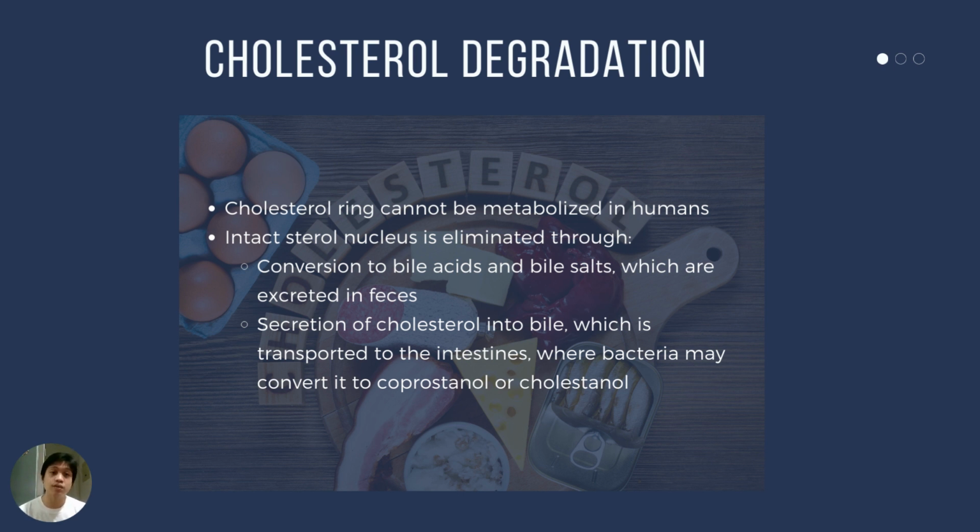But eventually, these bile acids find their way into the feces where they are secreted. You can also secrete cholesterol into the bile itself, and this is transported into the intestines where bacteria, which have the appropriate enzymes to degrade the cholesterol ring, convert it to coprostanol or cholestanol. So, in summary, we can't degrade cholesterol, so we secrete it.